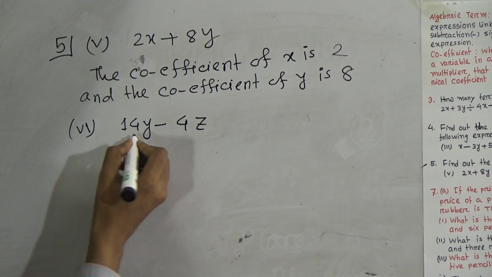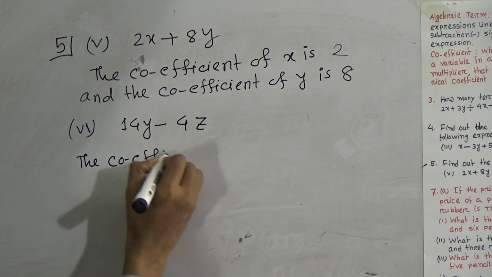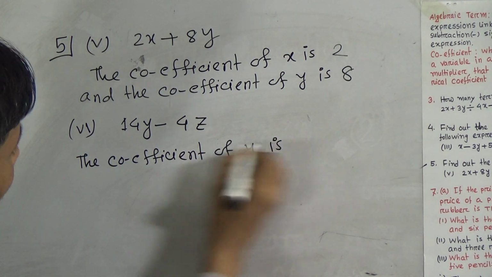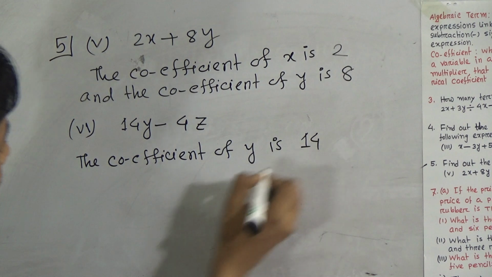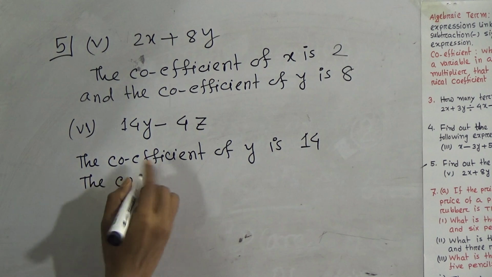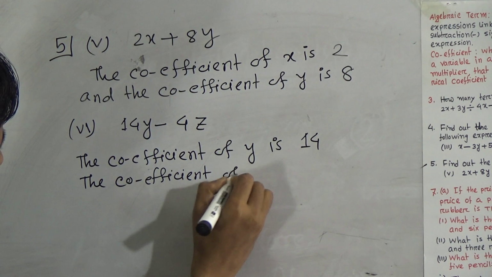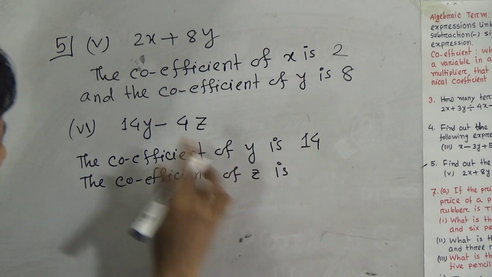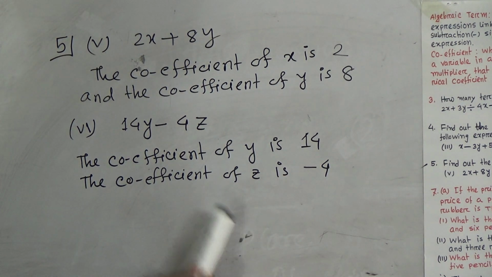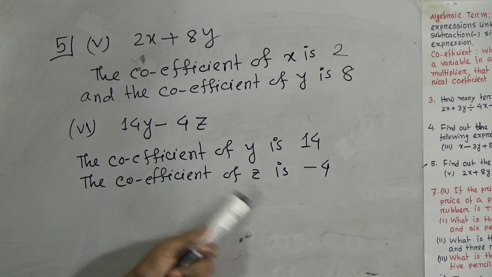Therefore, the coefficient of y here is 14 and the coefficient of z is what? Here z is -4. The coefficient of z is here -4. Okay, student, I hope you understood. This is called the coefficient.